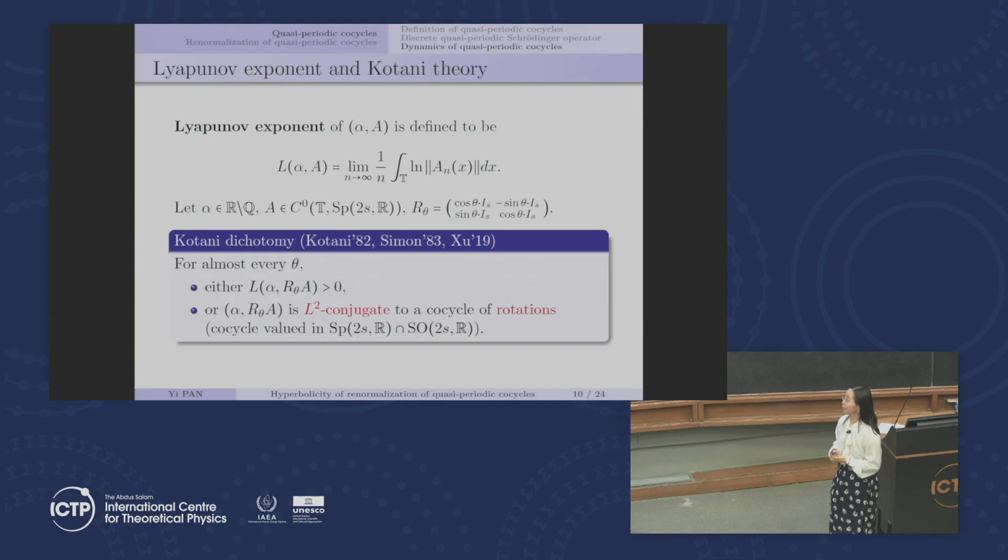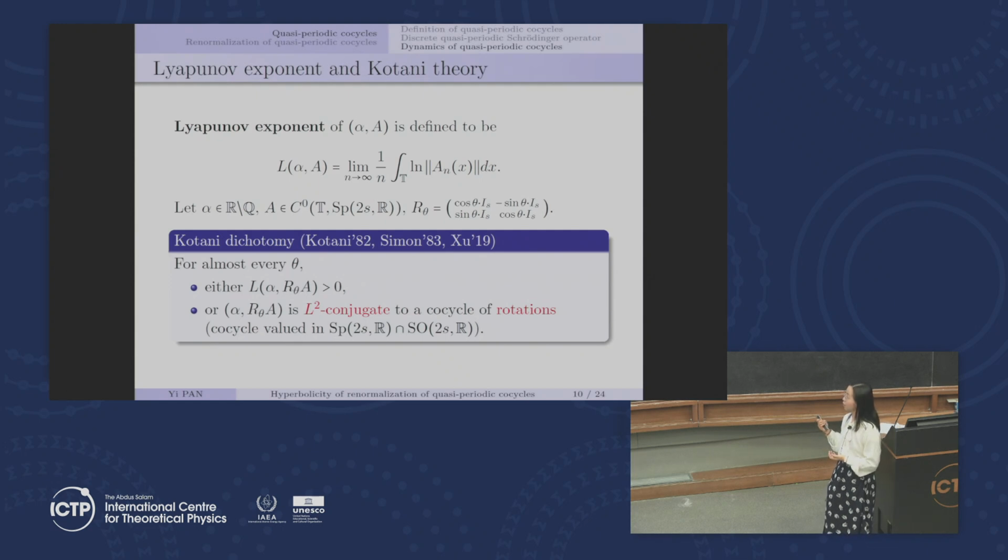So they proved that for almost every parameter theta, the cocycle (alpha, R_theta A) has either positive Lyapunov exponent or it is L2 conjugate to a rotation. And by saying rotation, it means the cocycle takes values in symplectic intersect special orthogonal.